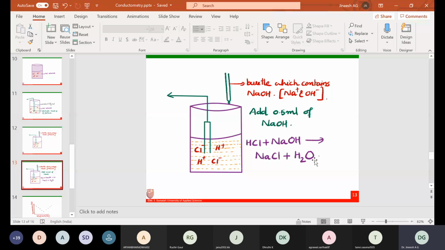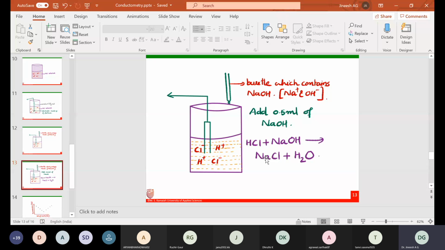It decreases. But you got a new ion from sodium chloride. We know that it will dissolve in water. It is a salt, and when it dissolves, it will become ions. So H plus is now replaced with the Na plus ion.